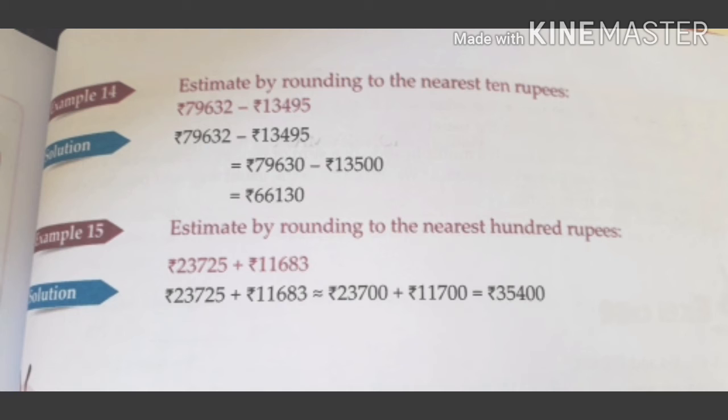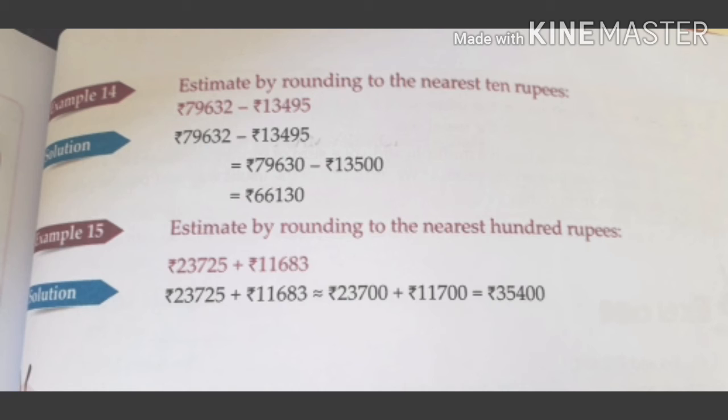Minus, the last digit is 5, so 13,495 becomes 13,500. 13,490 plus 10 is 13,500. So the difference is 66,130 rupees. You have to do this carefully. Nearest rupee means you look after the decimal point, and nearest 10 rupees means you focus on the last digit.